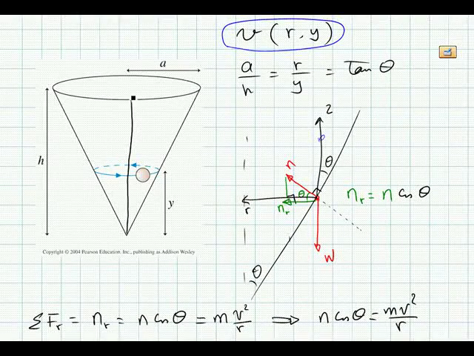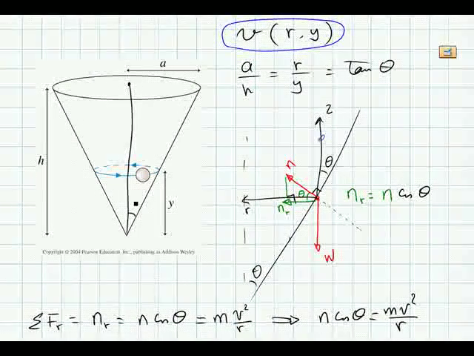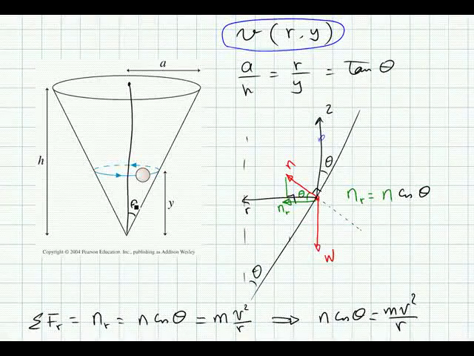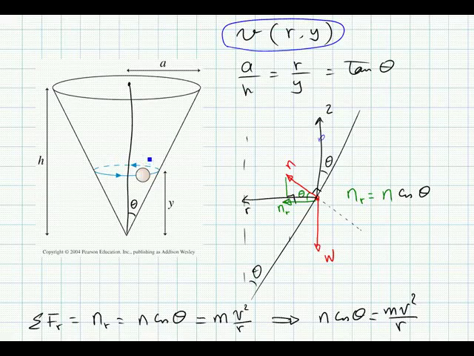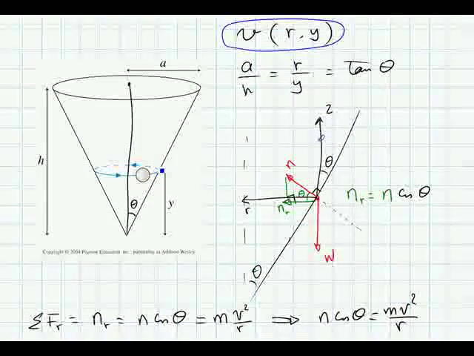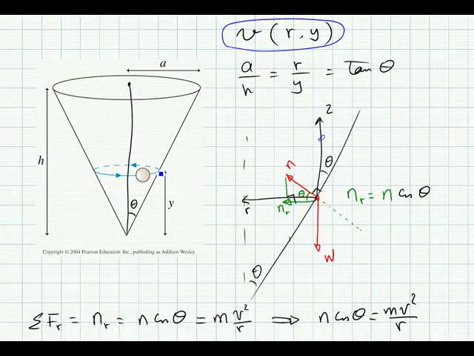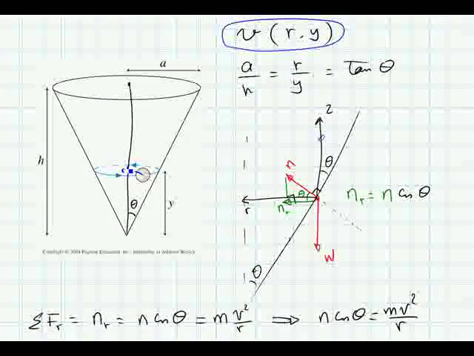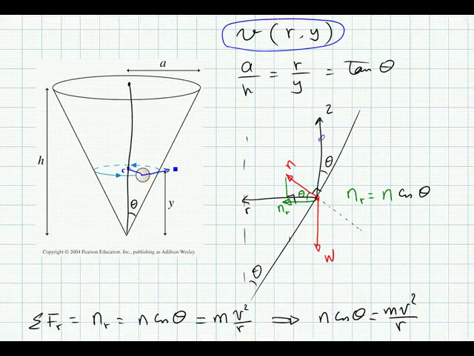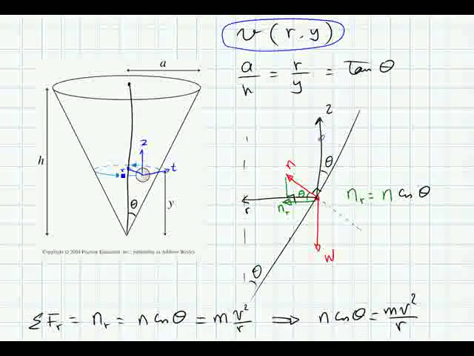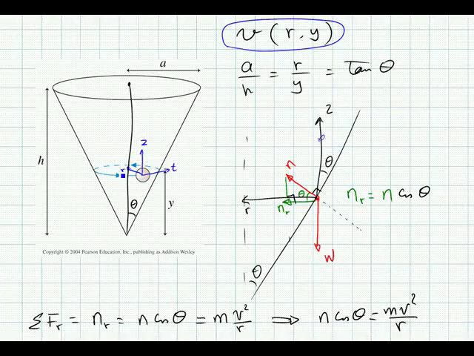So let me just draw this line here. Let's say this angle is theta, and I can show my RTZ coordinates as, well, the R coordinate is towards the center, so this is R. Then I have the T coordinate, which is tangential to the circle, and of course Z pointing up. Okay, so that's the RTZ coordinates that I have.